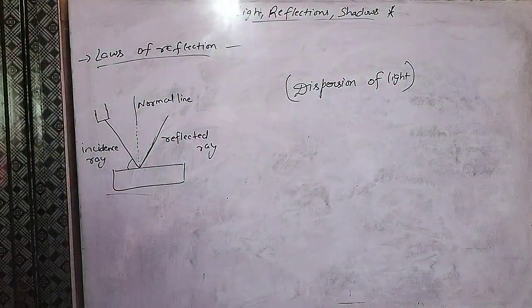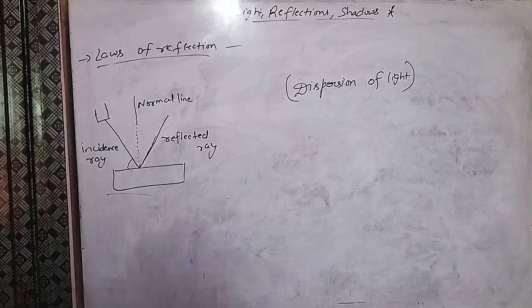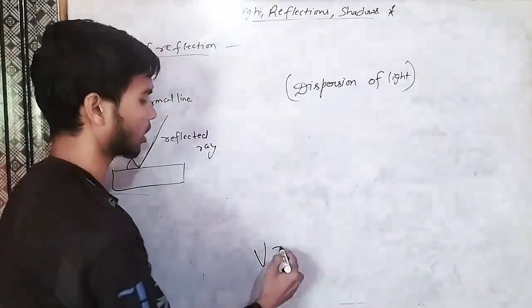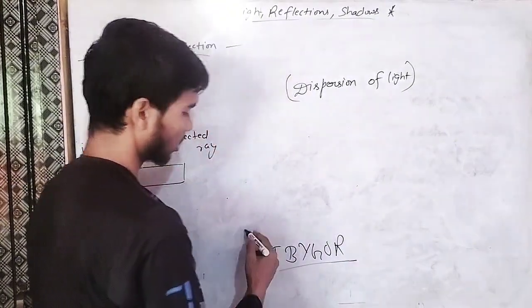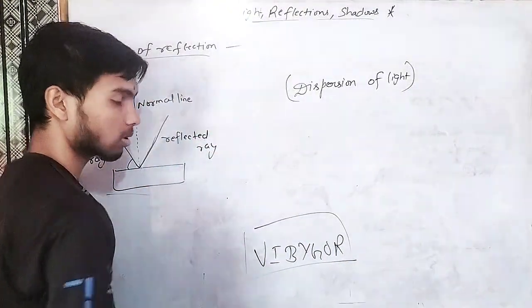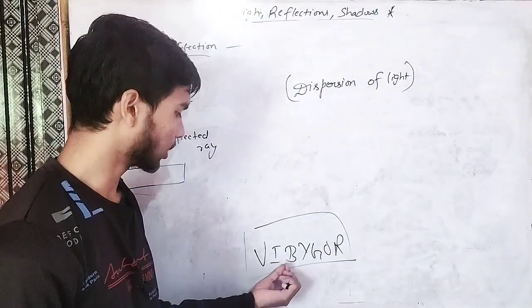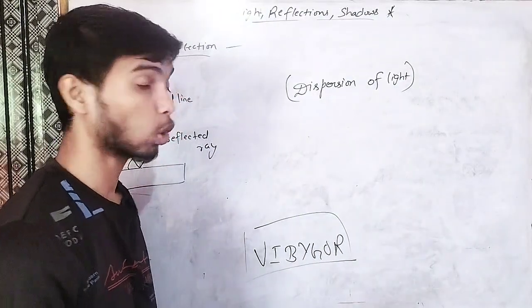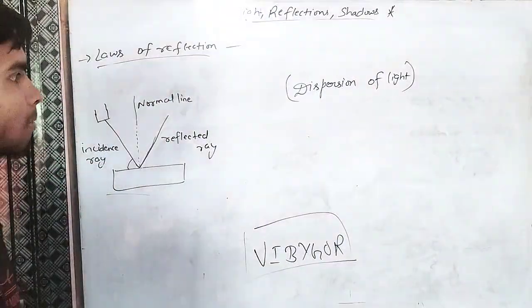Dispersion of light. Do you know about VIBGYOR? V stands for violet, indigo, blue, green, yellow, orange, red. These are names of colors.